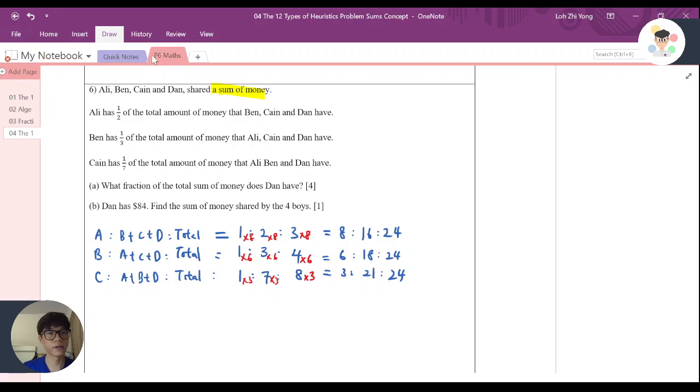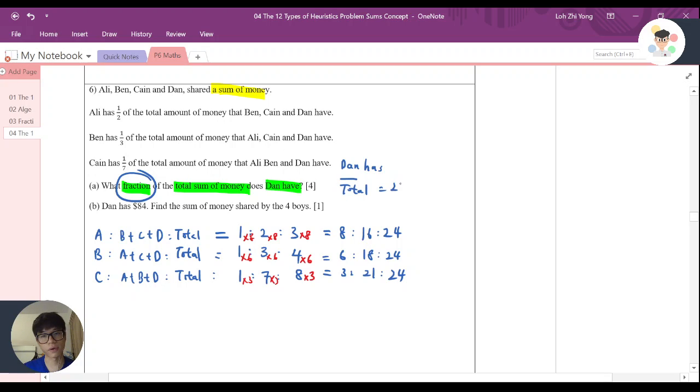Okay. And now let's look at the question. The question is asking, what fraction of the total sum of money does Dan have? So basically what they want is a fraction of what Dan has over the total.